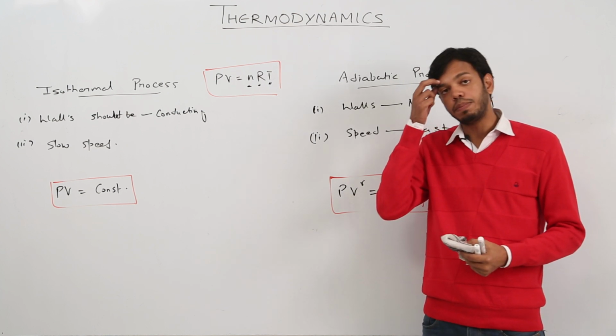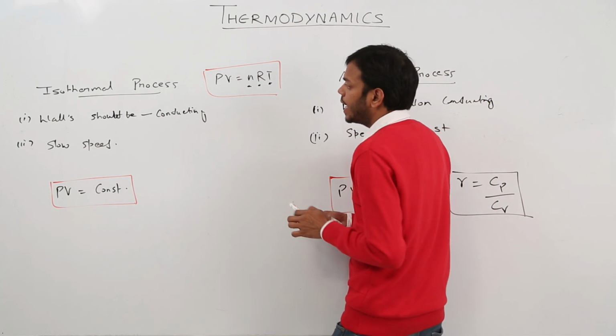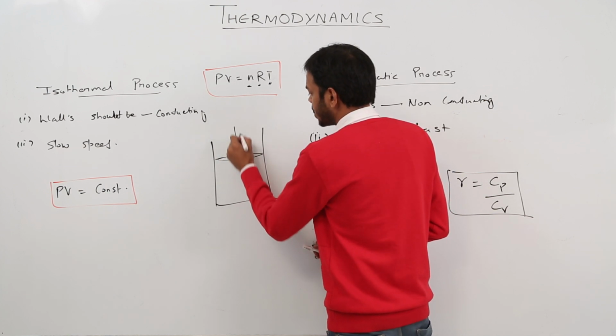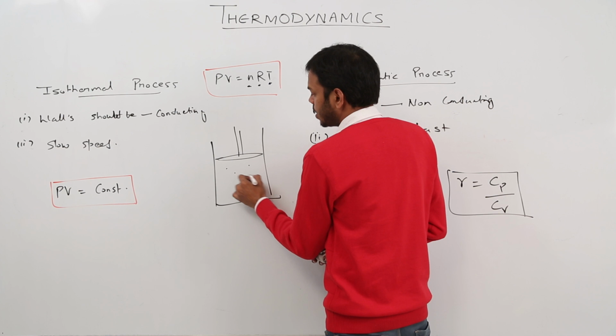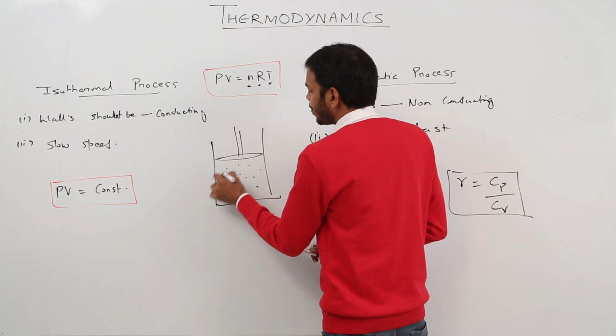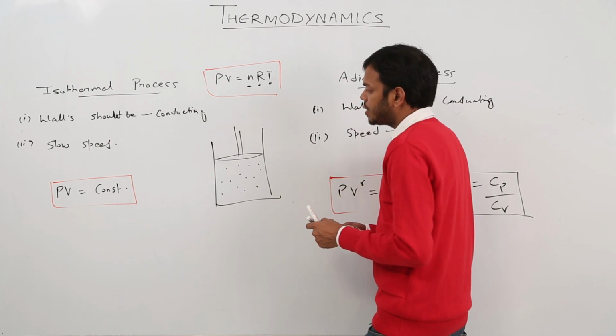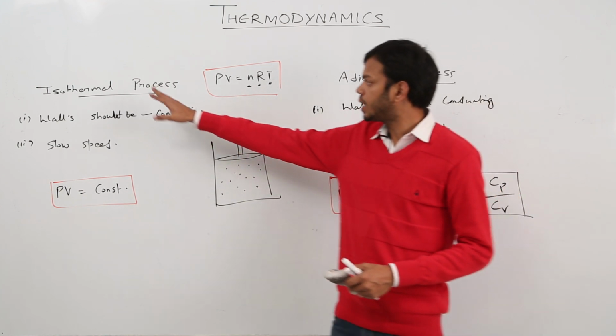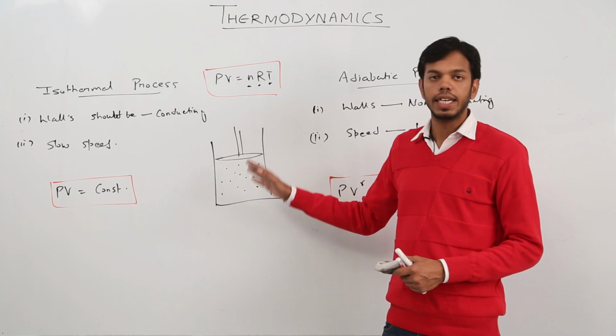Suppose the same piston and cylinder case as I explained in this step. This is a cylinder in which we have a piston here, and these are gas particles. Now, if I press this piston with a very slow speed, consider that these walls are perfectly conducting.